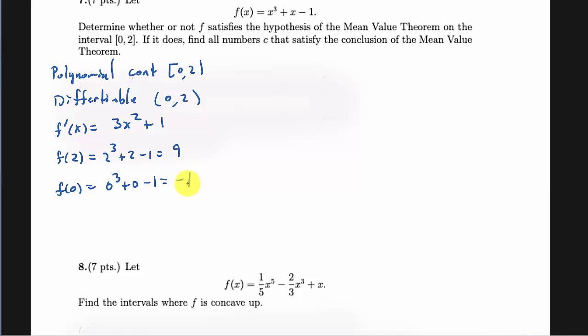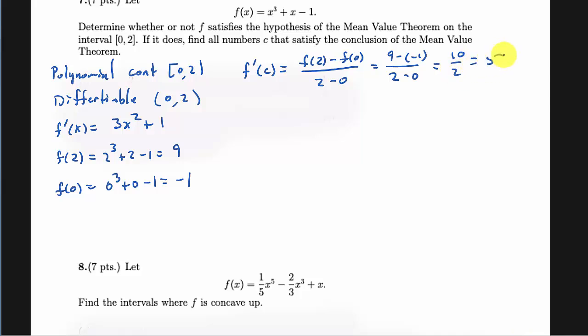So remember, the mean value theorem is f prime of c is equal to f of 2 minus f of 0 over 2 minus 0, which is 9 minus negative 1 over 2 minus 0, which is 10 over 2, which equals 5.